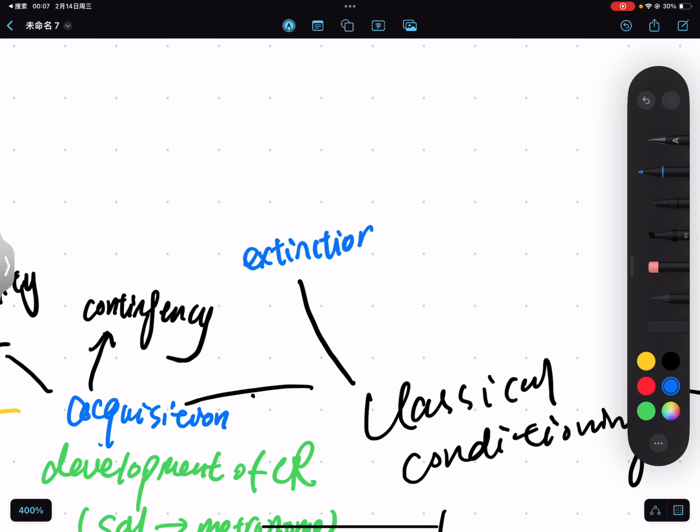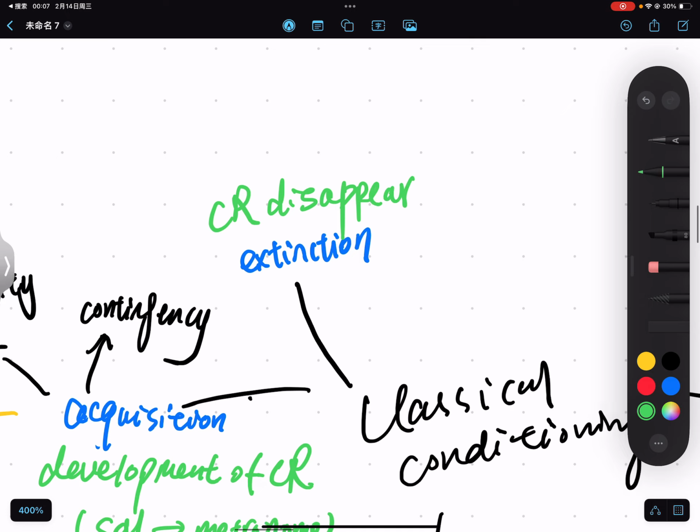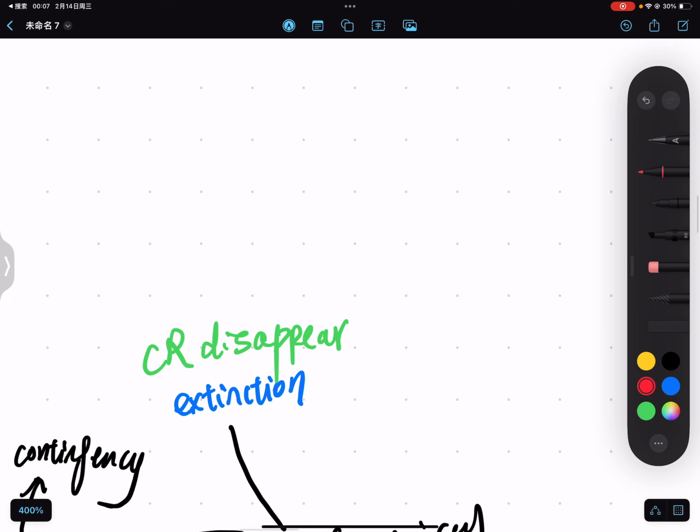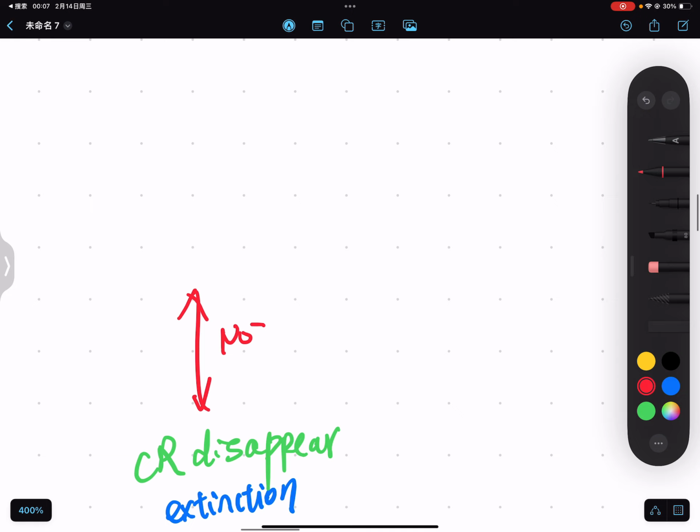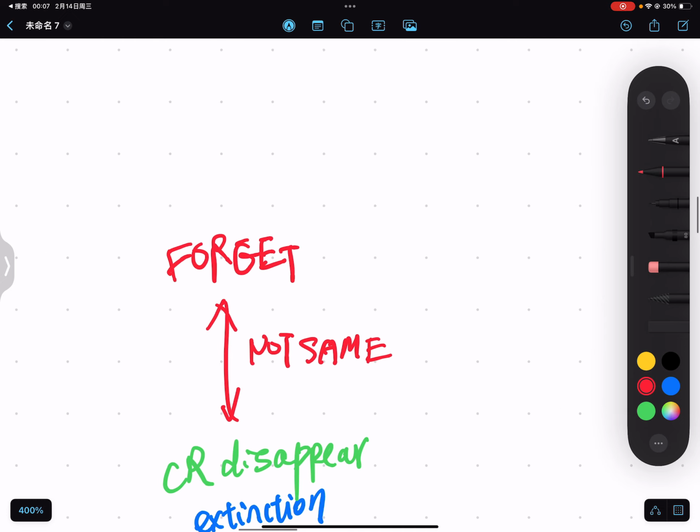And then I have another term called extinction. Extinction is when the CR disappears, when the salivation to the metronome disappears. But extinction is not the same as forgetting. Why? Forgetting is just leaving something out.